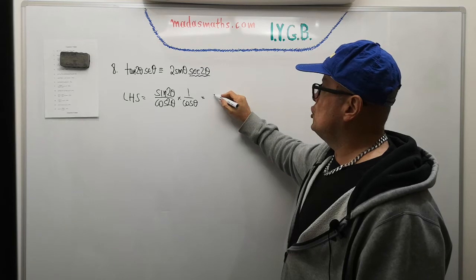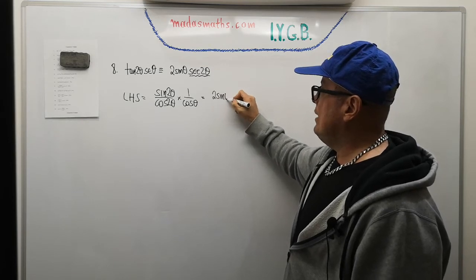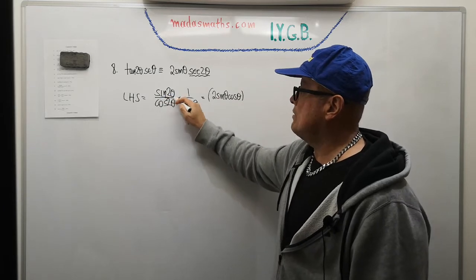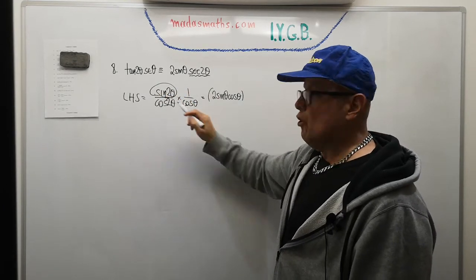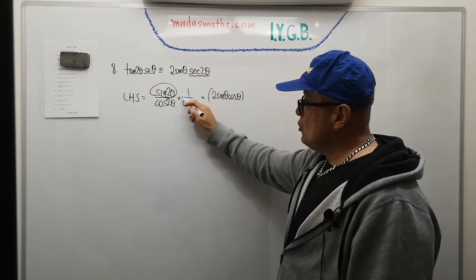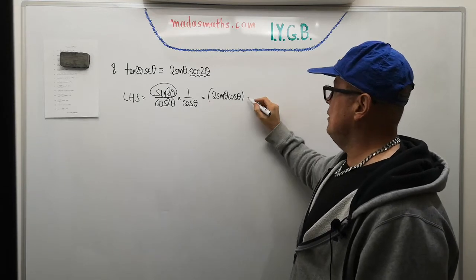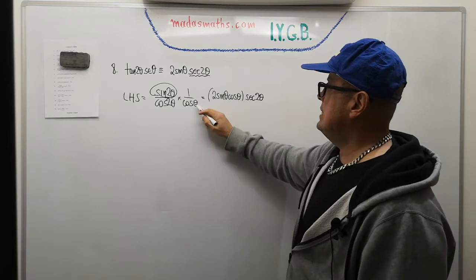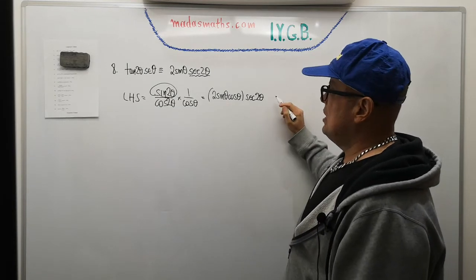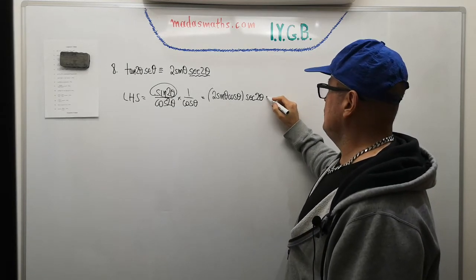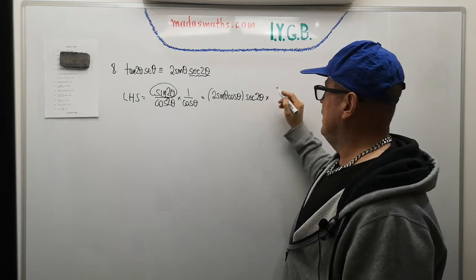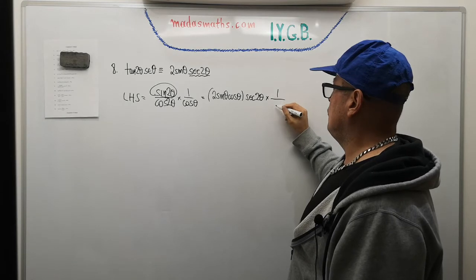So that is 2 sine theta cos theta. This is this lump here. The cos of 2 theta, I'm going to move to the top next to this expression, but now it's going to be called the sec of 2 theta. And this particular one, because it is a part of this, will cancel with the cos that I've got in there, I'm going to leave it as it is. It's good to be like this.